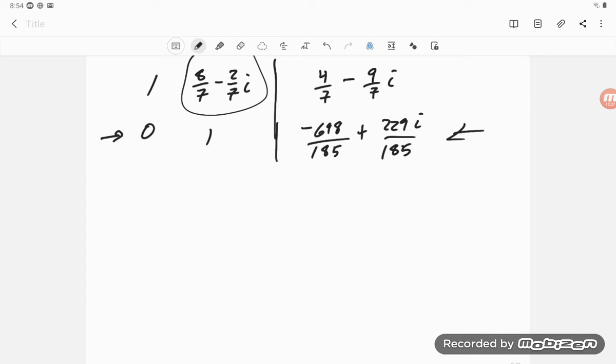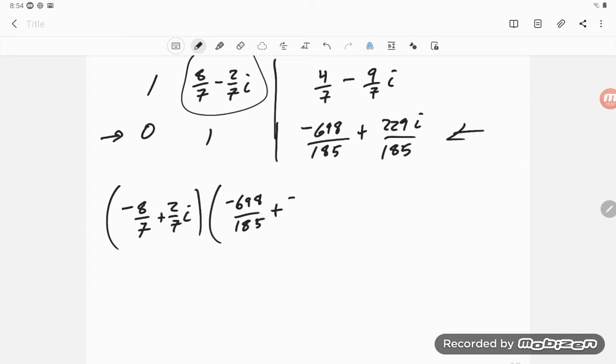So I have minus 8 over 7 plus 2 over 7 i times minus 698 over 185 plus 229i over 185. And then I will add to that plus 4/7 minus 9 over 7 i.